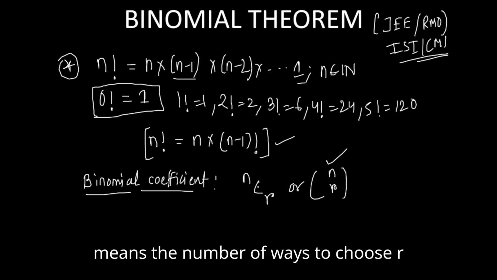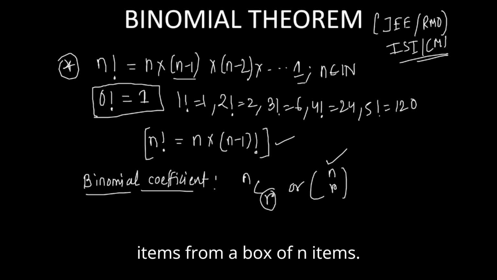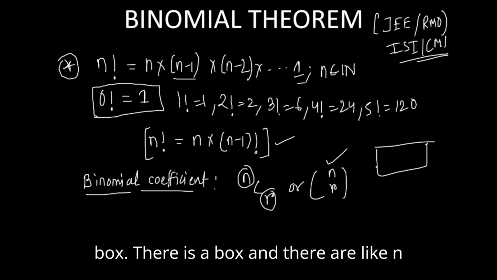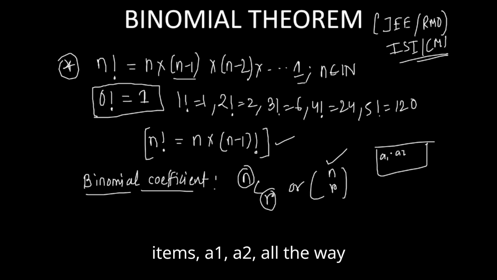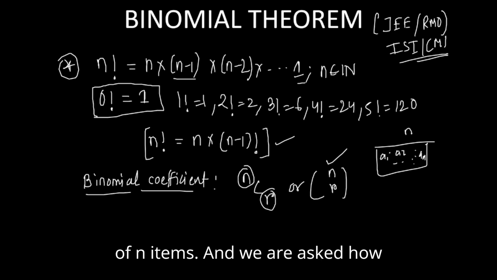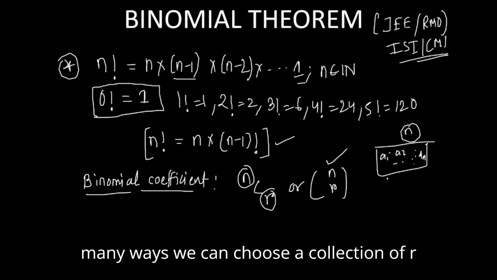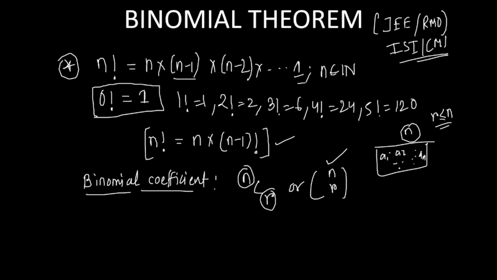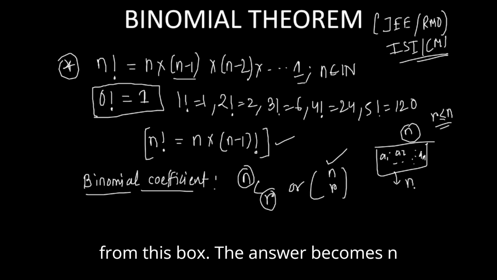It means the number of ways to choose r items from a box of n items. Let's say there is a box with n items, A1, A2, and so on, a total of n items. We are asked how many ways we can choose a collection of r items, where r is less than or equal to n, from this box. The answer is n choose r.